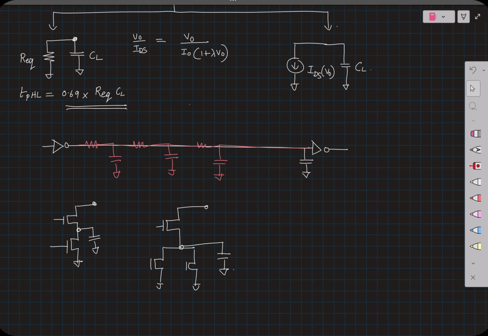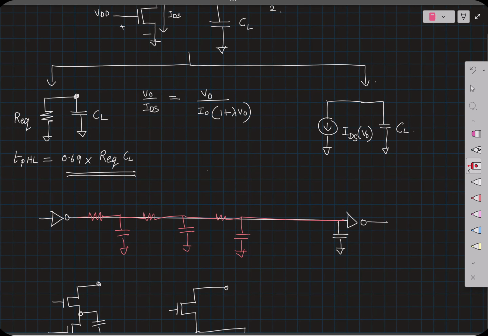Is that clear? So again, even if we see something that we don't know and are seeing it for the first time, we tend to connect it to things that we know, right? And we know RC networks. So in digital circuits, we typically model your circuit as an R equivalent and a C, and any number of transistors you add, any number of long interconnects you add, you can simplify all of them into an R and a C, right?